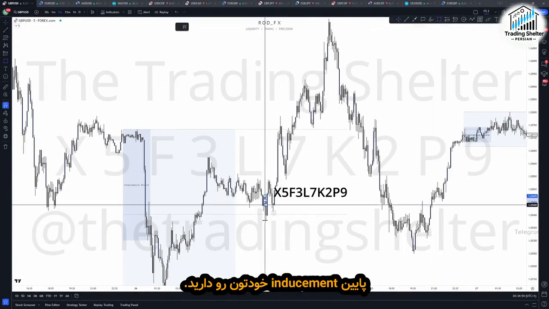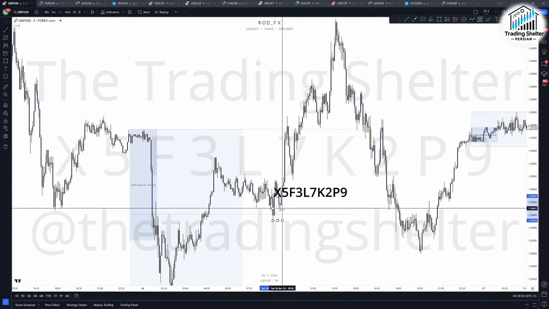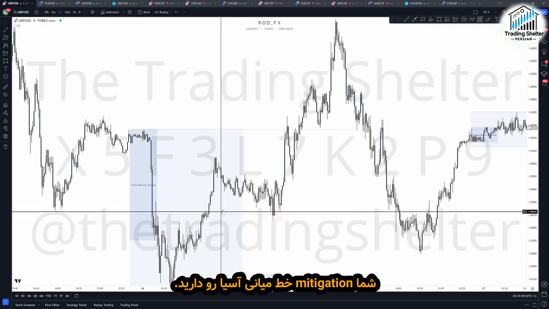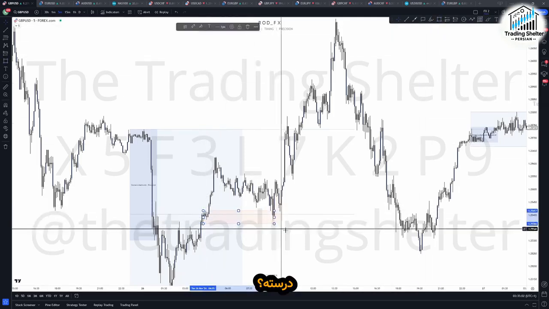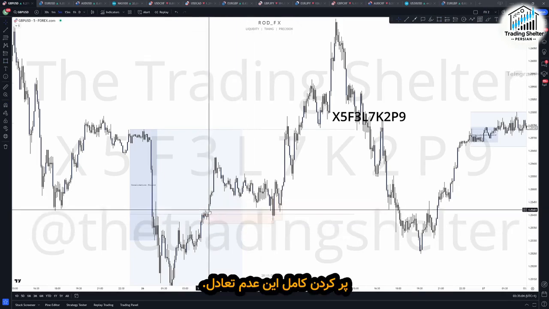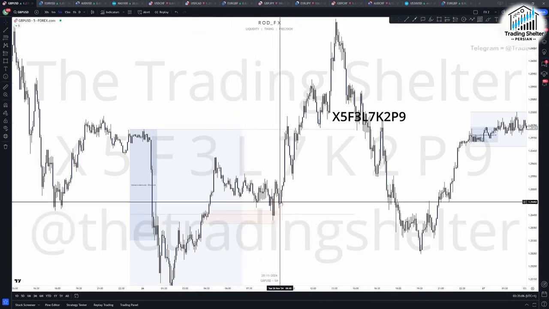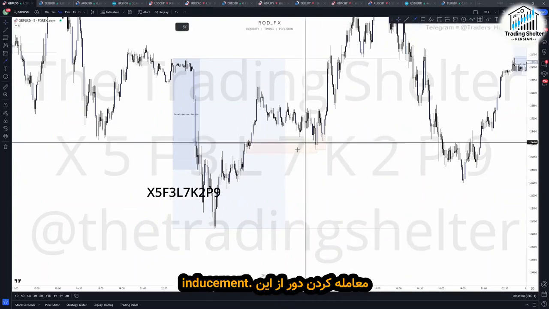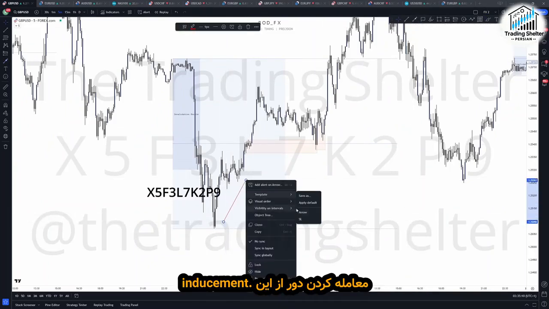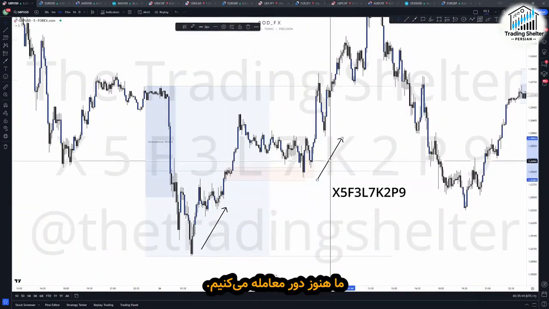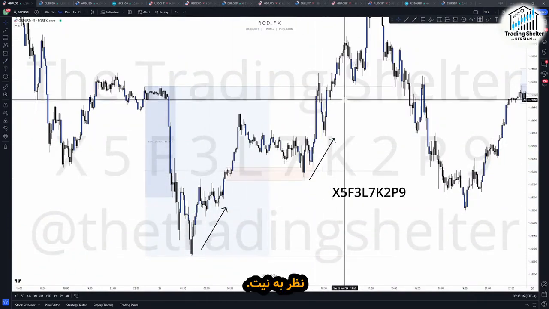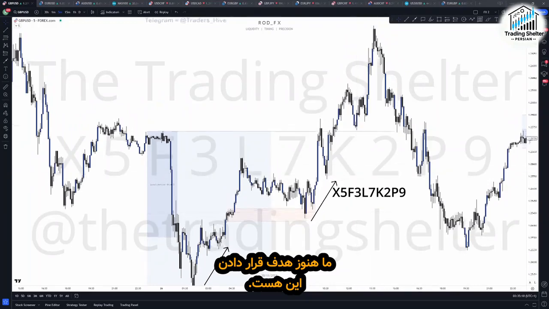You have your inducement low, right? You have your mitigation of Asia midline, right? Perfectly filling this imbalance. Trading in line with the liquidity, trading away from this inducement. Now we have a new inducement. We're still trading away. Intentions wise, we're still targeting this, right?